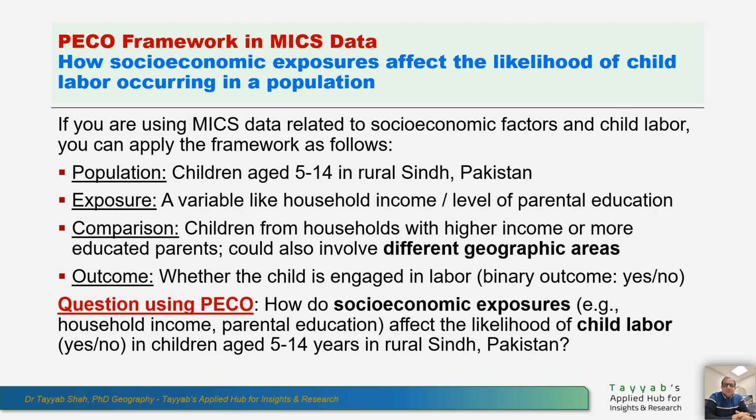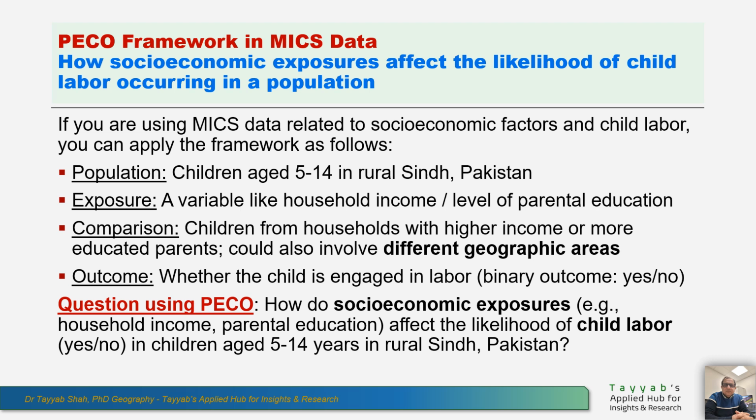So you can use the full age bracket 5 to 17, or you can specify a certain group like 5 to 14. And if you want to narrow down that population further to only rural or urban, you have that option too.